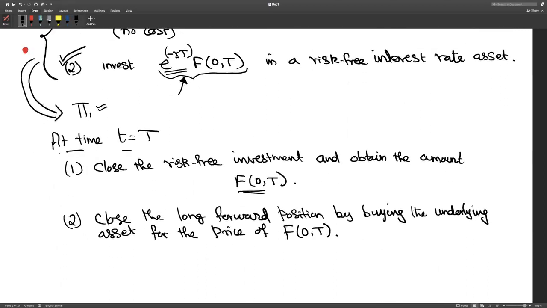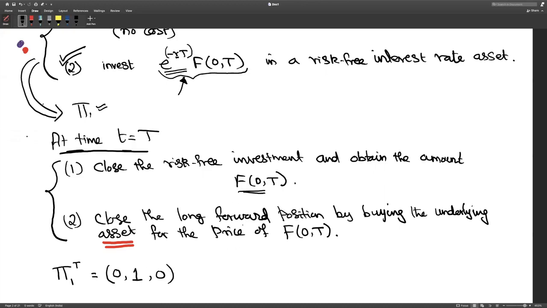So at time capital T, we are taking these two steps, and thereby there is a difference in the portfolio pi 1. Your risk-free asset went off from the portfolio, your forward also went off, and you got 1 unit of your underlying asset from your forward contract, which is a risky asset.